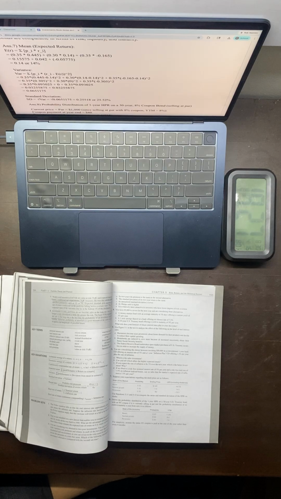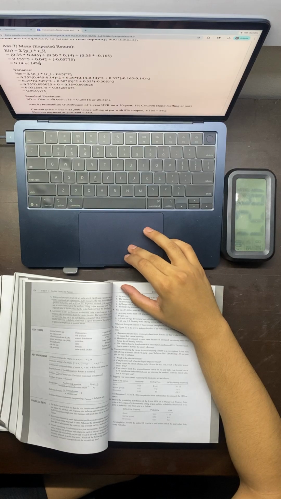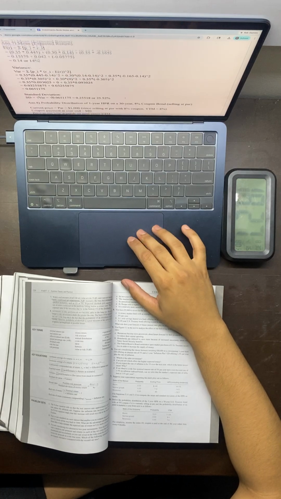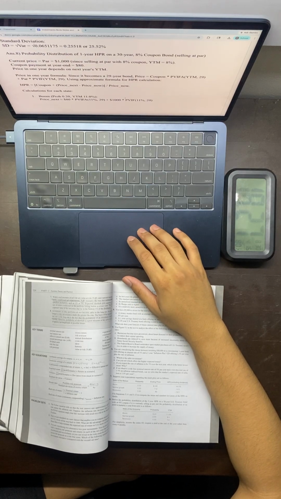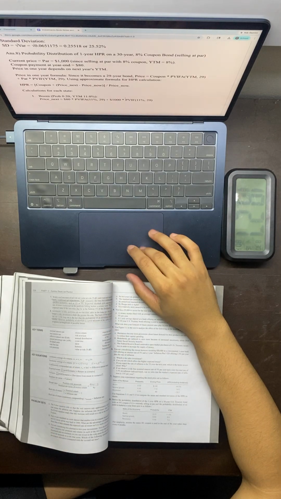Same thing for the other ones, a normal growth and recession. To find out that the variance is 0.06551175, standard deviation then will become the square root of variance, which comes to 25.52%.